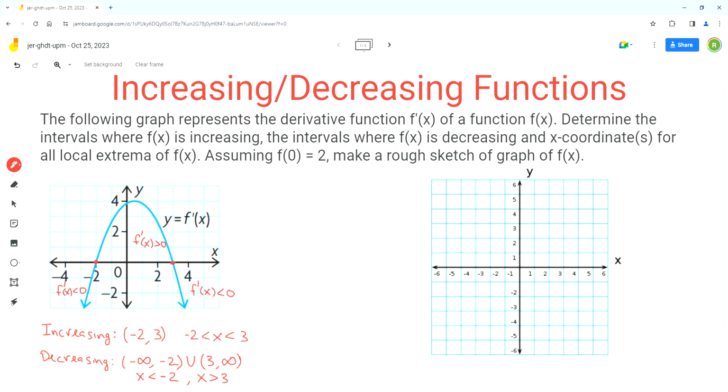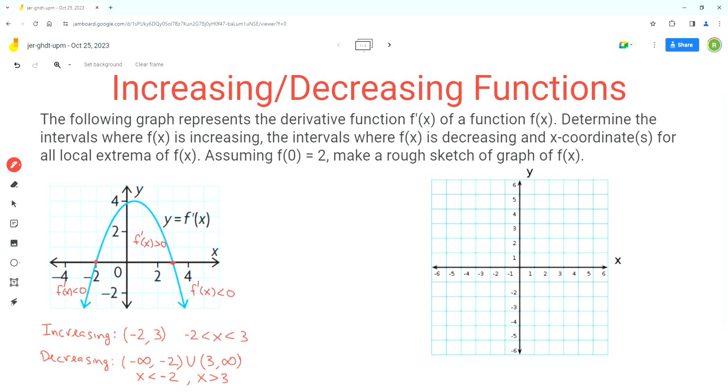Now we can find the x coordinates for all local extrema of f of x. The local extrema are found at points where the sign of f prime of x changes. In this case, at the x-intercept -2, as we go from left to right, f prime of x changes from negative to positive, because the graph goes from below the x-axis to above the x-axis.